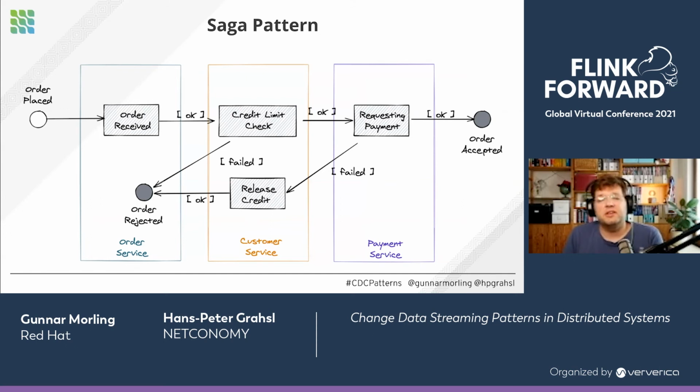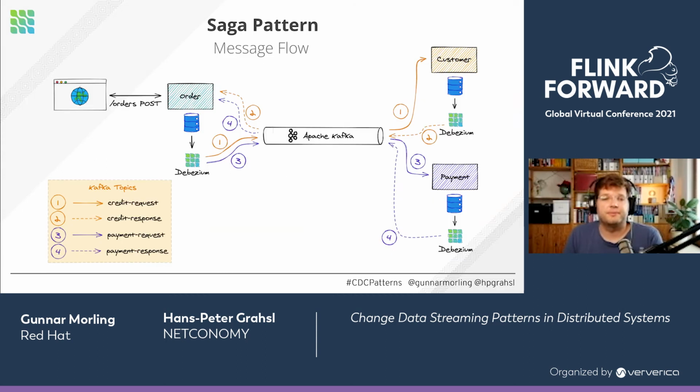What we also see here is that our transaction guarantees are reduced when we compare it to classical transaction semantics. In particular, the isolation aspect is limited. So our local transactions, this credit limit check in the customer system, already got exposed to other users while this entire flow is still running. So the isolation property is not given as it would be given with usual transactions.